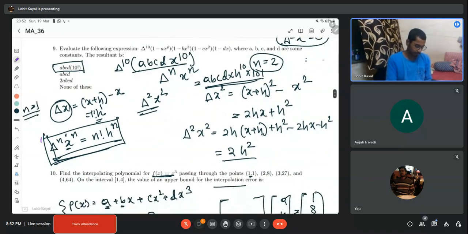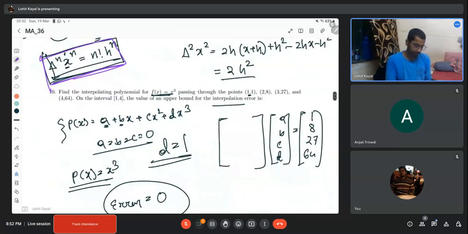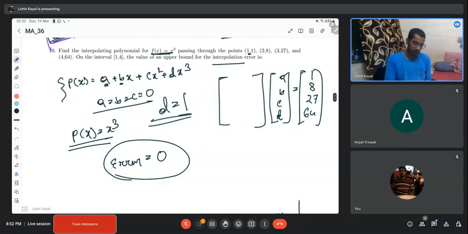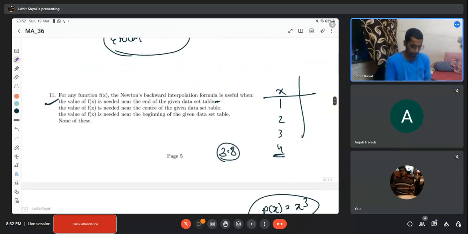Remember this formula; I have used this formula in this expression, and this is the correct answer. I was making some initial mistake, but you can approximate your polynomial like this, and you will find that your error will be zero in this question.